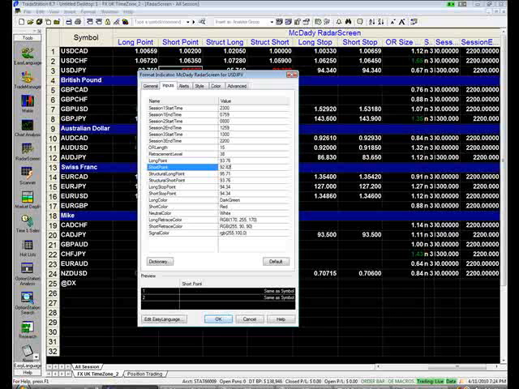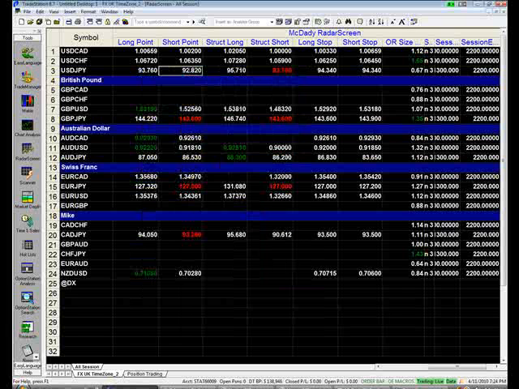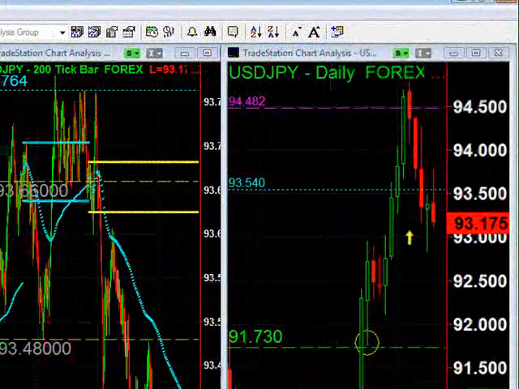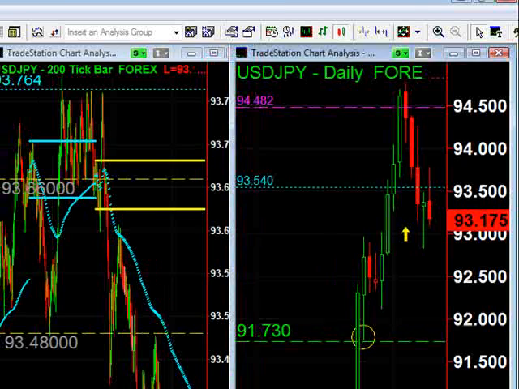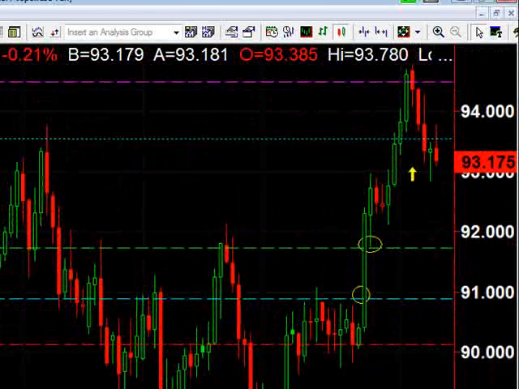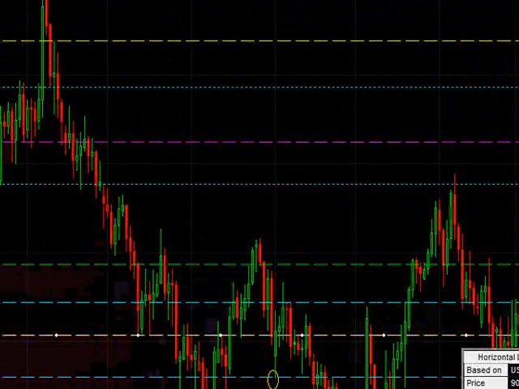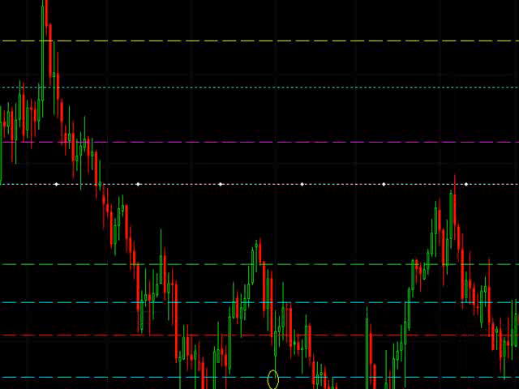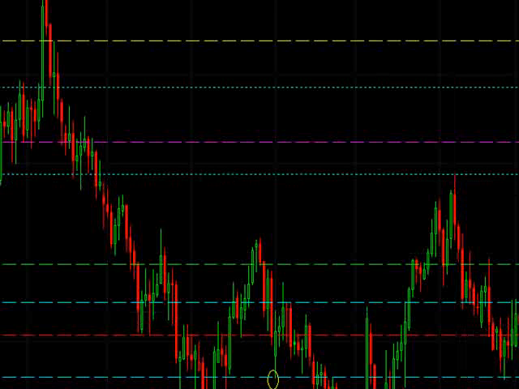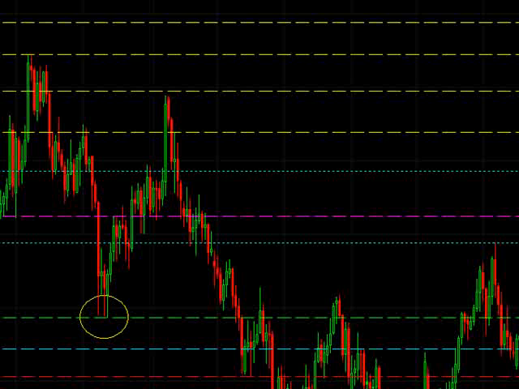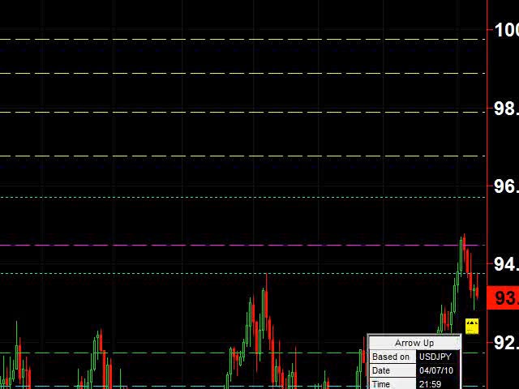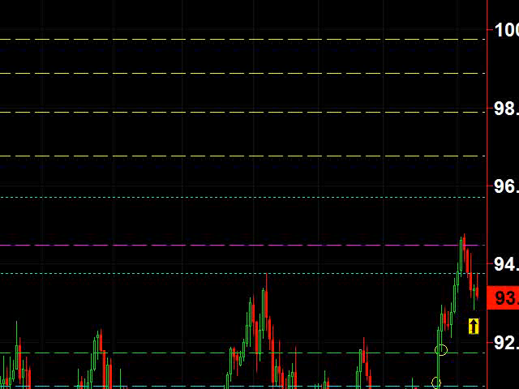So our short point is 92.82, so at least we don't get whipsawed into the trade. Okay, so our shorting point is going to be below 92.82, and our buying point is above 93.76.